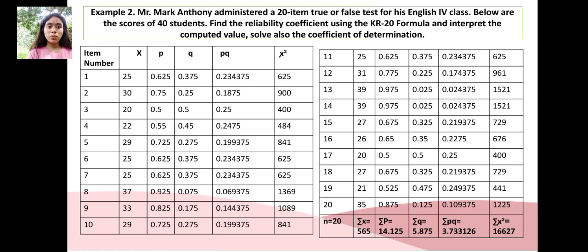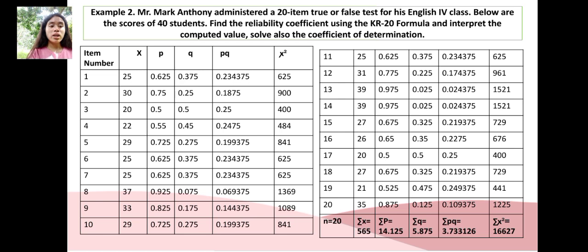So number of items we have 20. The summation of x we have 565. The summation of P is 14.125. And the summation of Q is 5.875, as well as the summation of PQ is equal to 3.733126.